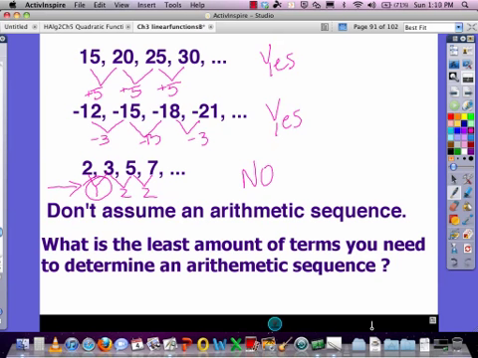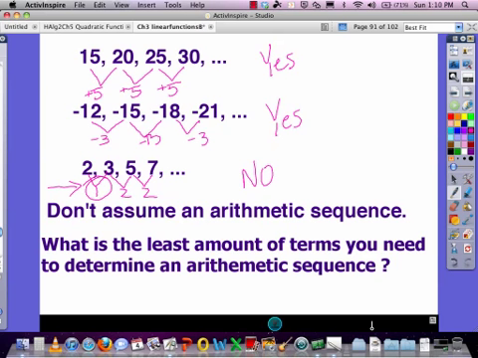And then the last question: what is the least amount of terms you need to determine an arithmetic sequence? You need to make sure that there is that sequence going on and every term follows it. I have 4 terms up here in each. Do we need 4? Do we need 3? Do we need just 2?